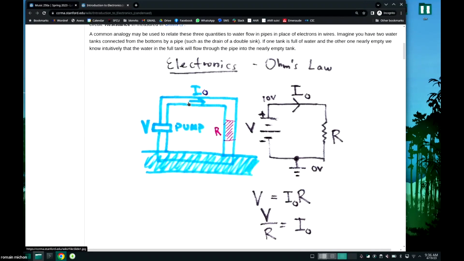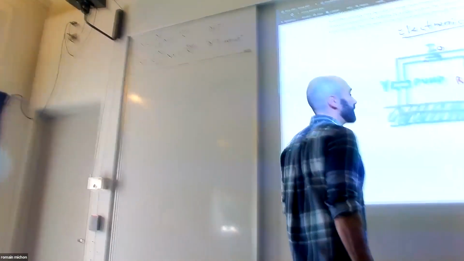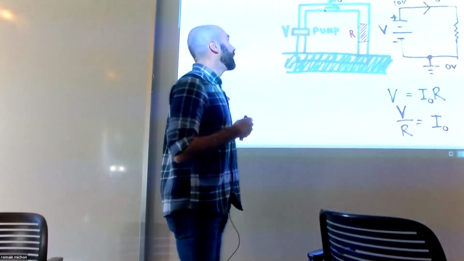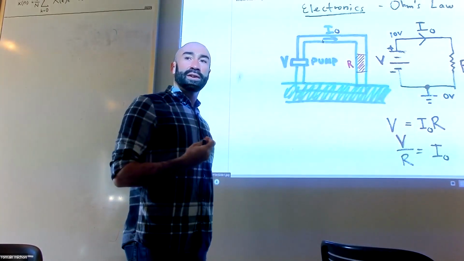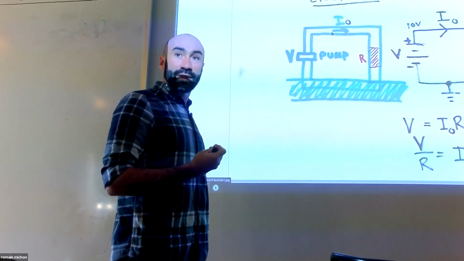So an electronic circuit is exactly the same thing, at least from a metaphorical standpoint, but with electrons. So instead of having water circulating in the pipe, you have electrons. In this model, in the case of the pipe with the bucket, there are two parameters that are characterizing the system.